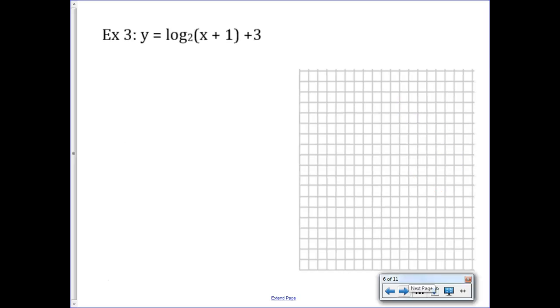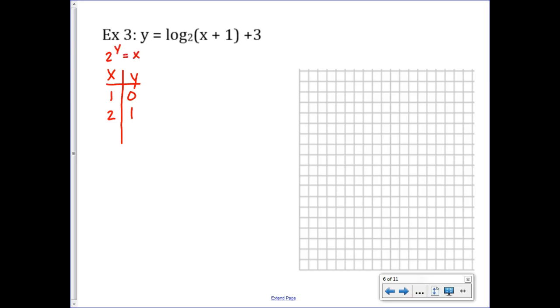All right, let's try this one. So our points that we have are (1, 0), and then our base, 1. If you want more points, you could write this as 2 to the y equals x.